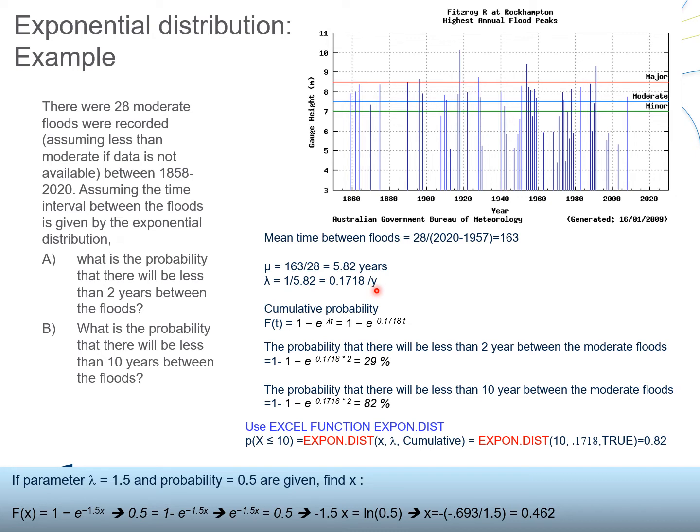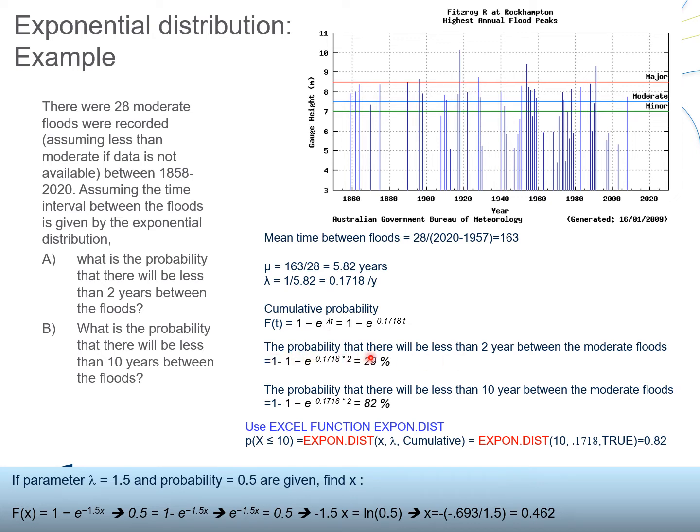Now we can calculate the cumulative probability. The cumulative probability equation is 1 minus e to the power minus lambda t, where lambda is 0.1718, and that gives us the equation to calculate the probability for different years.